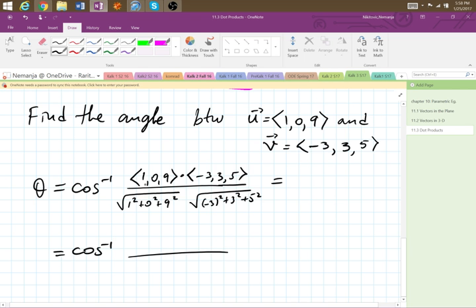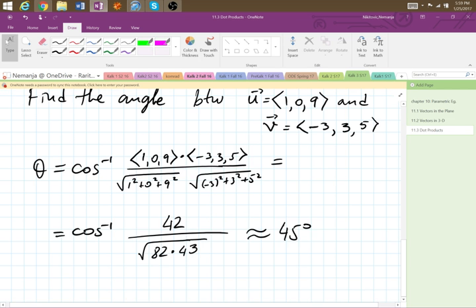We have to compute: negative 3, plus 0, plus 9 times 5 is 45, so 42. In the denominator you have the square root of 82 times the square root of 9 plus 9 is 18, and 25 makes 43. All of this is about 45 degrees, and done deal.